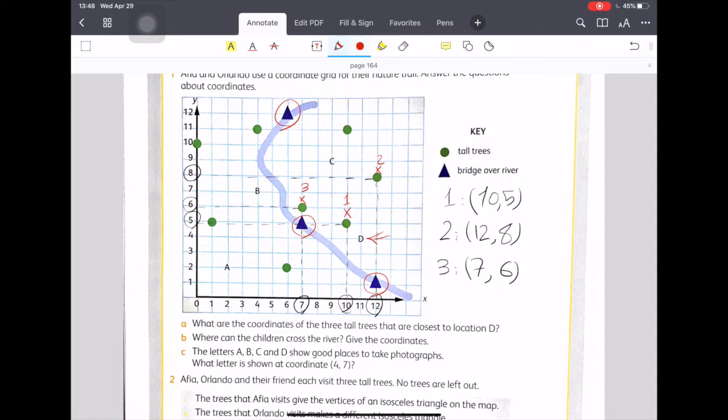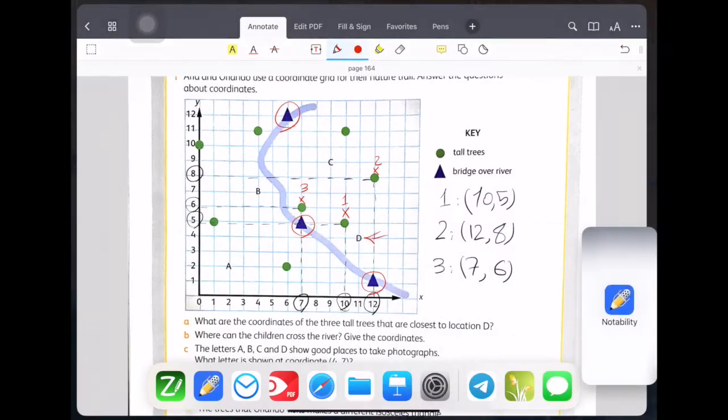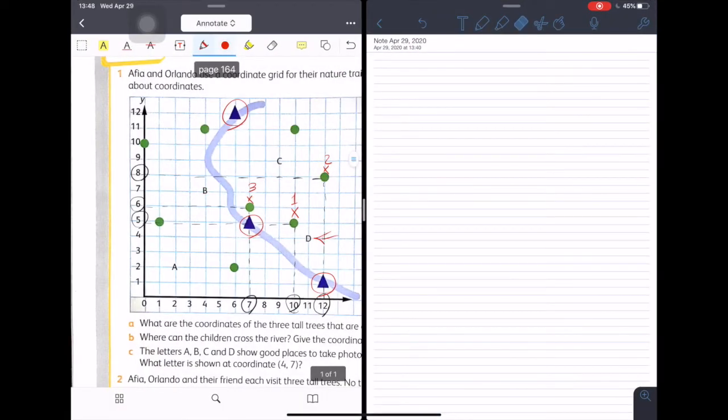If I can have another page here, yes, it's going to be practical for me. Okay, so about bridge 1, the x is going to be 12, as you could see, and the y will be 1.